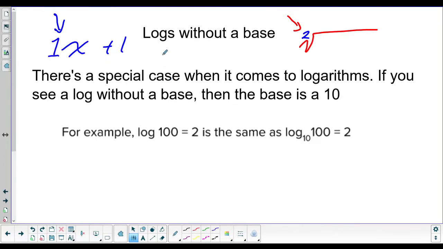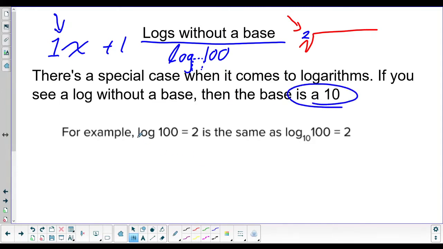Logs have that too. So if you have a log without a base, like log of 100, there's an invisible base here that everyone has agreed to use. That invisible base is 10. So if you see log 100 equals 2, the invisible base they're not telling you is a 10.